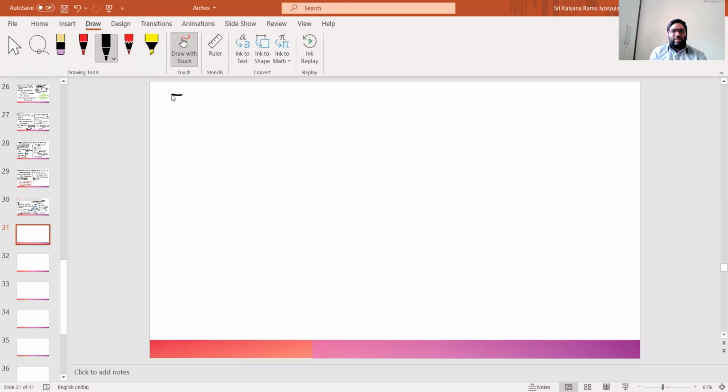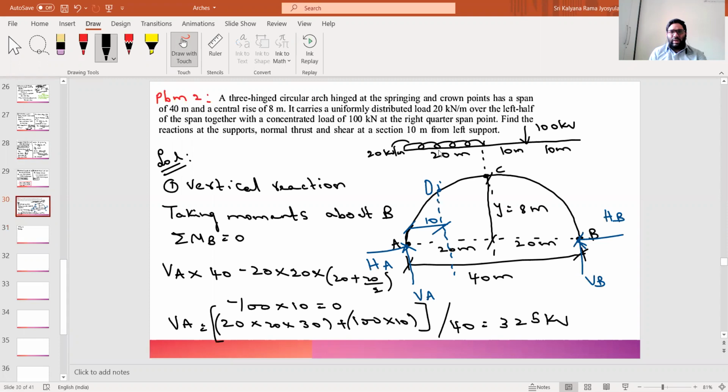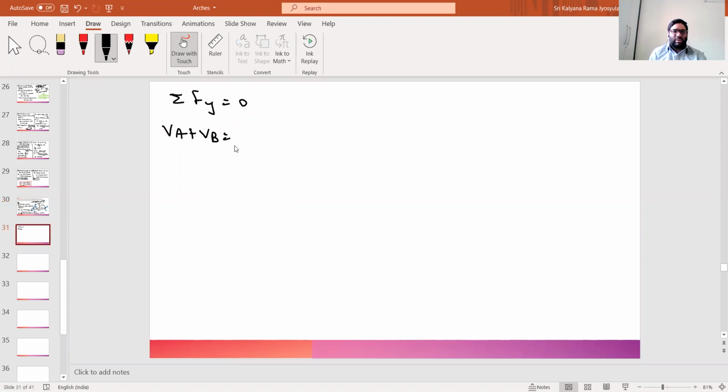Now sigma Fy is equal to 0 implies VA plus VB is equal to the UDL, 20 into 20, plus 100.